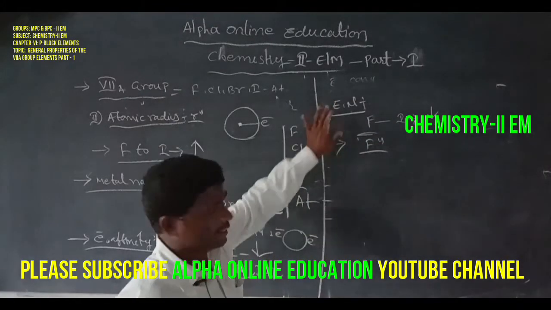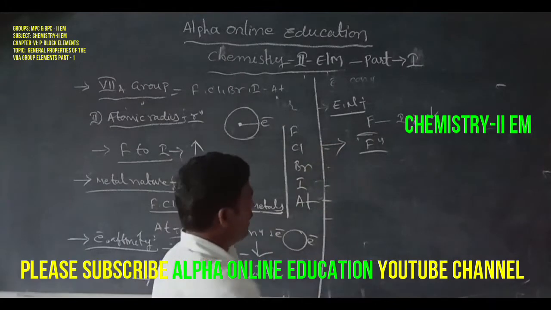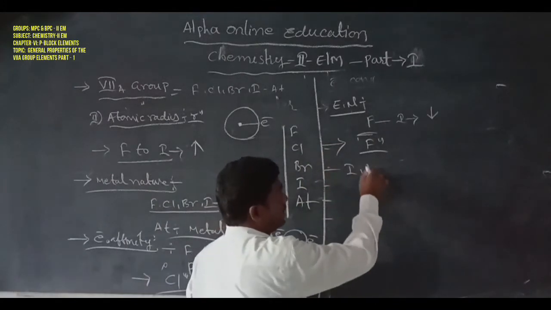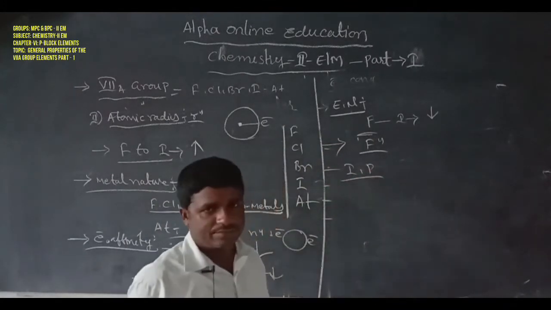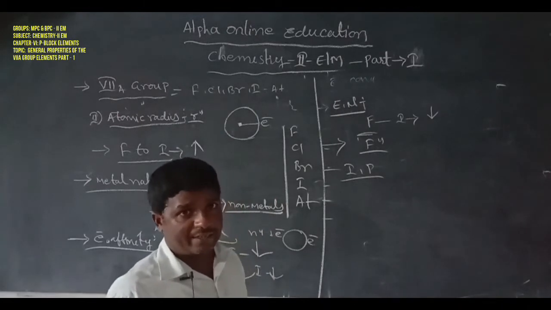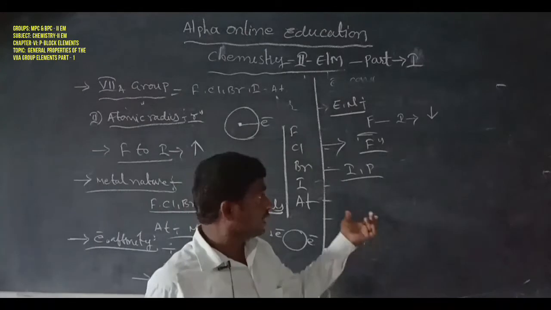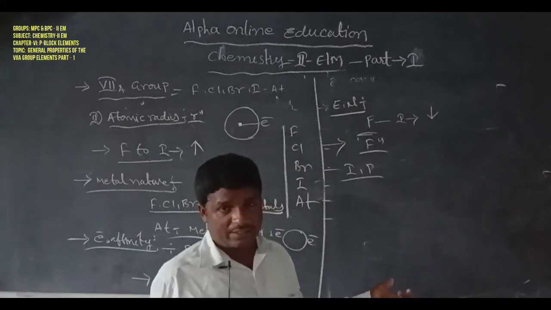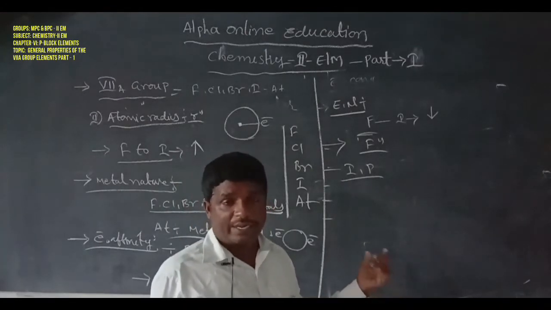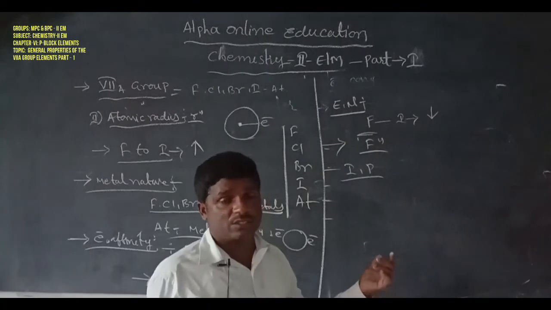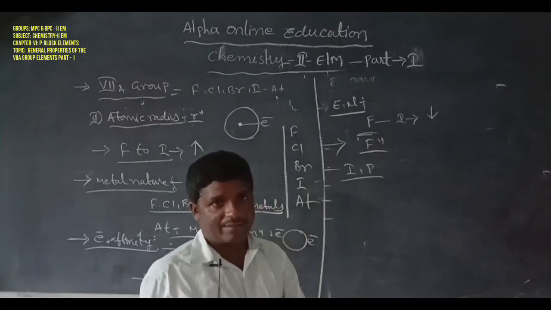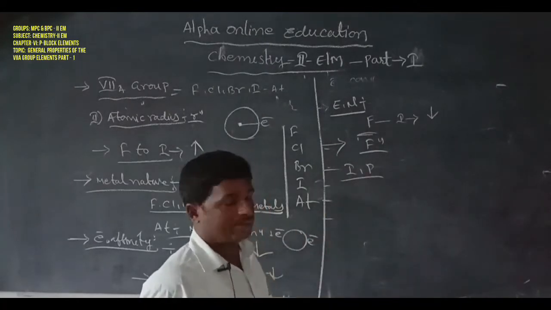That is electronegativity. Next, IP means ionization potential. The removal of one electron from the outermost shell of an isolated neutral gaseous atom is called ionization potential.